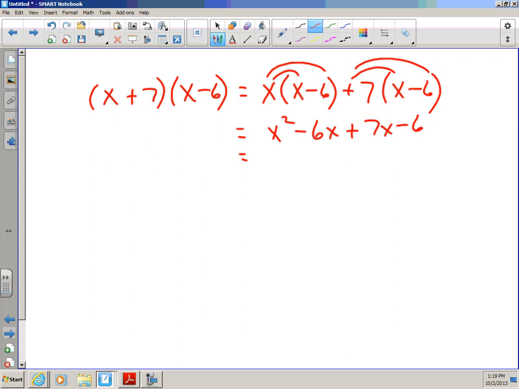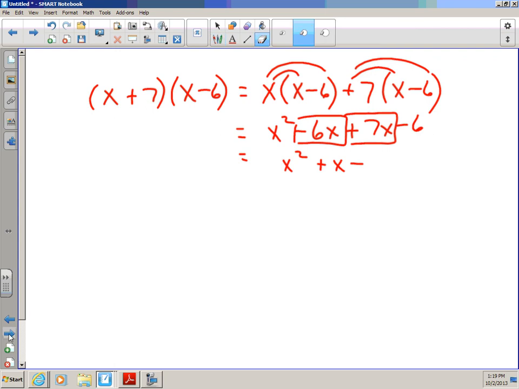And you should be able to notice the 2 like terms. That simplifies this to x squared plus x minus 42. I'm sorry, I first wrote minus 6, but that's a minus 42. So please don't send in your letters for my mistake. And that's what this binomial simplifies to.